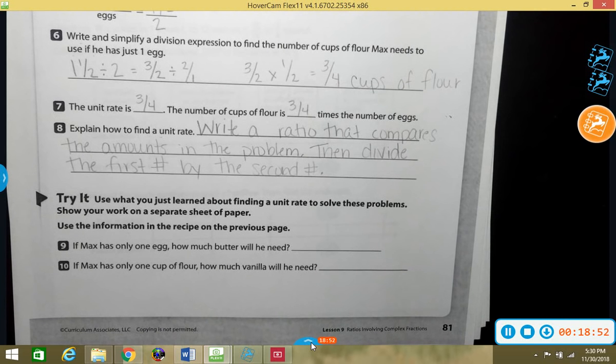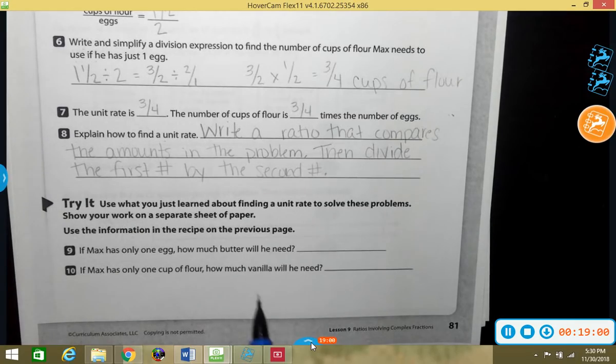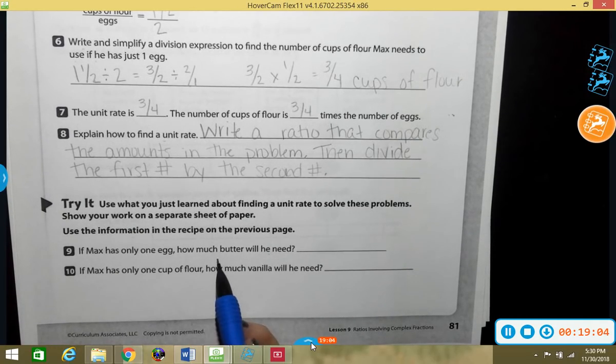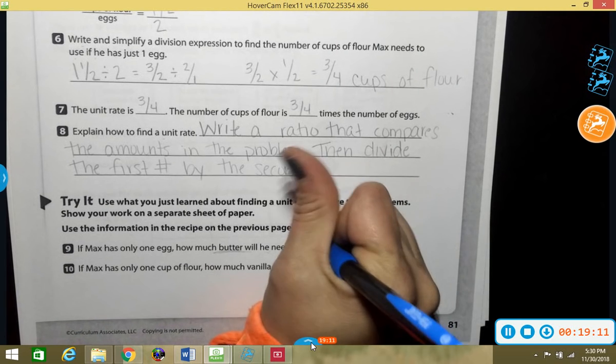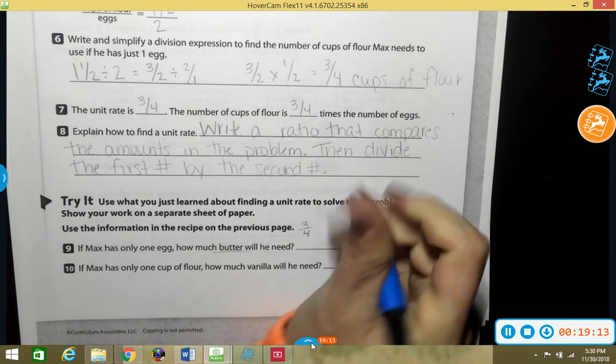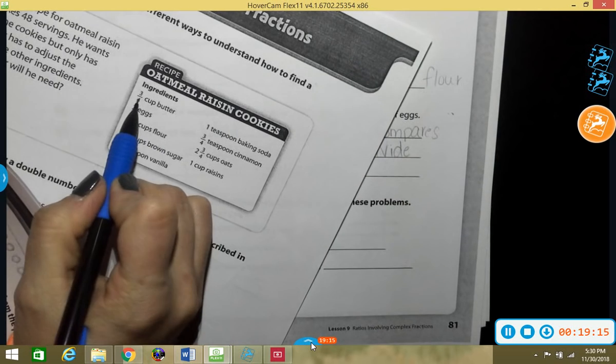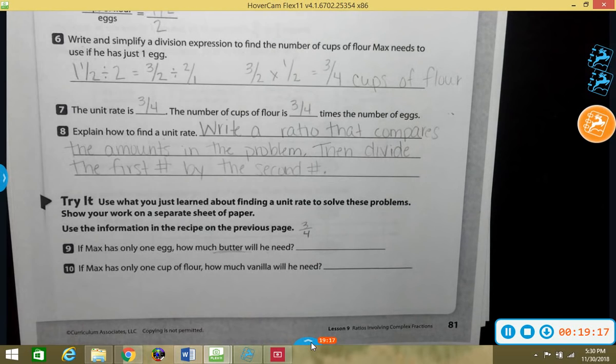Well, in the original recipe, how much butter is there? 3/4. Now, we're looking at butter first. How much butter will he need? So whatever they're asking for needs to be in the numerator. So the butter needs to be in the numerator. So it was 3/4 a cup of butter. If you look right here, butter was 3/4 of a cup.